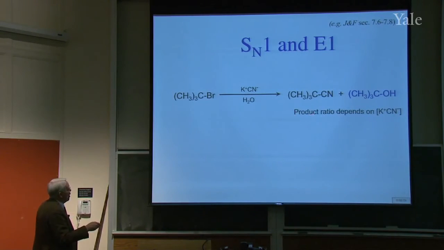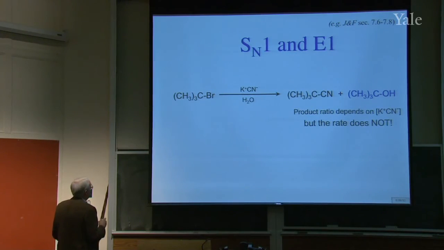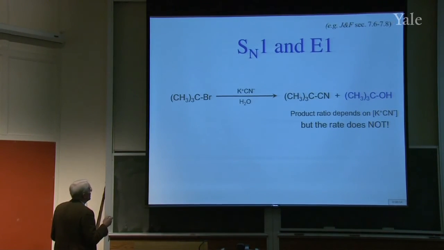Now, the product ratio depends on how much cyanide you put in. That doesn't surprise you. You put in more cyanide, the formation of this product is faster, right? But the rate doesn't change. The rate of destroying the starting material doesn't change when you do this.